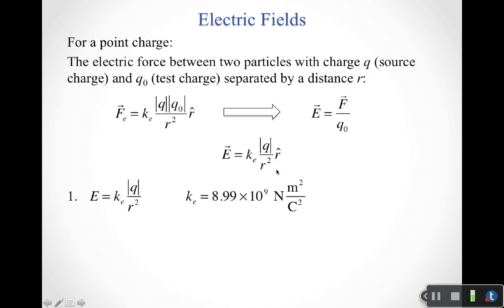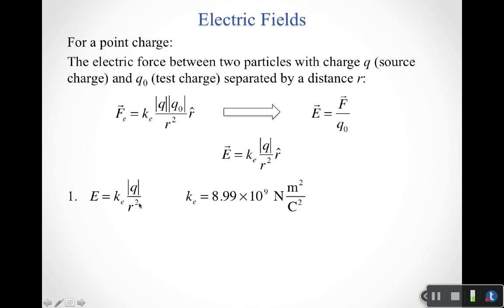Well, this is a vector, and like any other vector, it's got both a magnitude and a direction. For starters, let's think about what the magnitude is saying here. The magnitude of the electric field is equal to our Coulomb's constant, 8.9 times 10 to the 9th newton meter squared per coulomb squared, times the magnitude of the source charge divided by r squared, and now r in this case is the distance from your source charge to the point P that you're interested in knowing the electric field at.